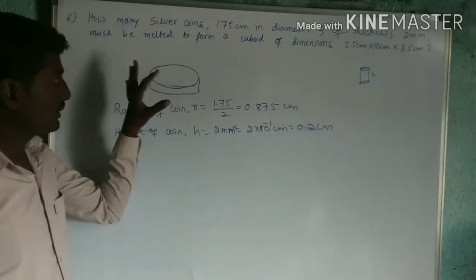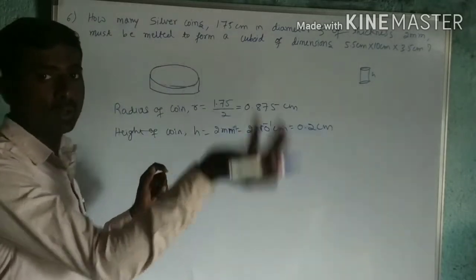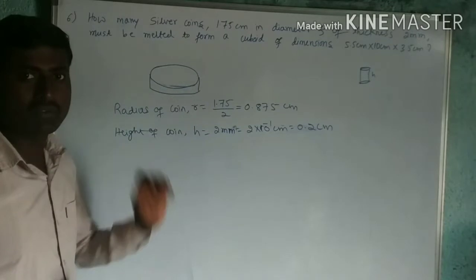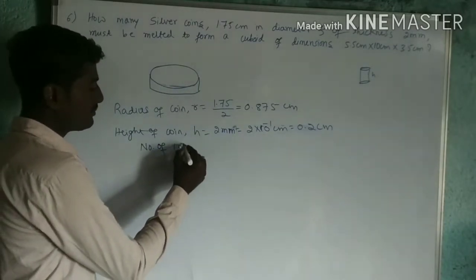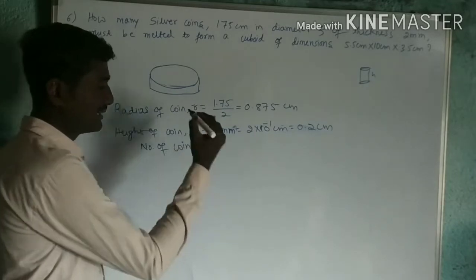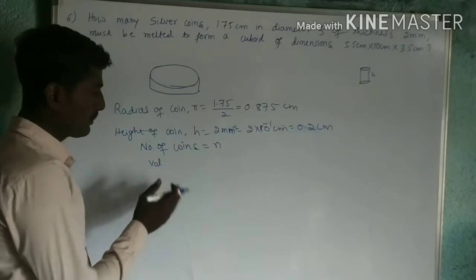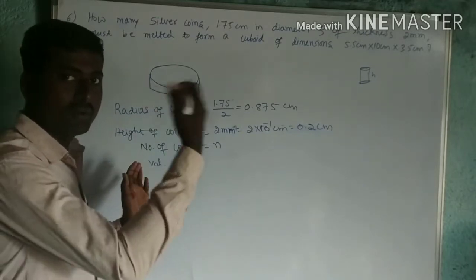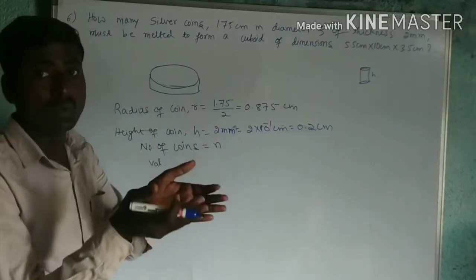Now here we are melting some coins to form a cuboid, so we have to find the number of coins. I will take the number of coins as n. Since we are melting coins to form a cuboid, the volume of those coins must be equal to the volume of the cuboid.